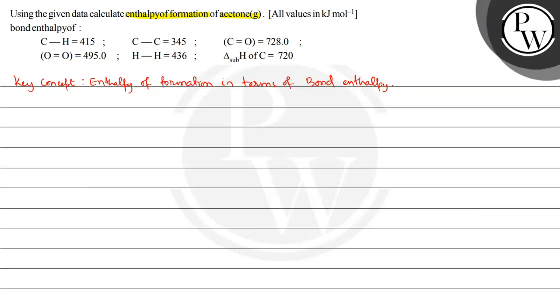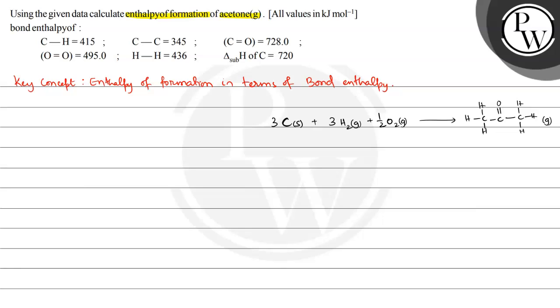So 3 carbon atoms are there, 3 carbon in solid state plus 3 moles of hydrogen gas in gaseous state plus half mole of oxygen gas in gaseous state gives CH3, it is like this, C, H, H, H, then C, double bond O, then C, H, H, and another H in gaseous state.